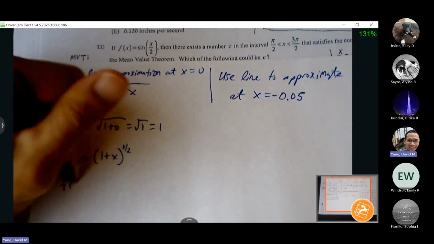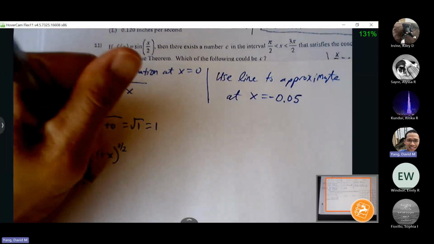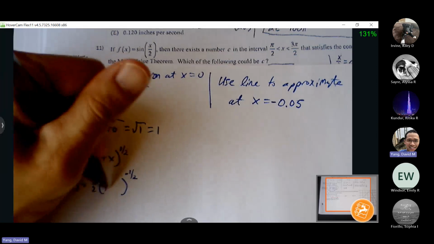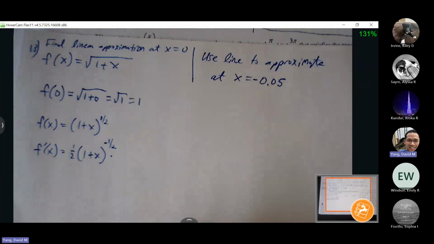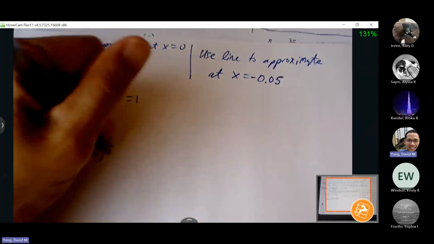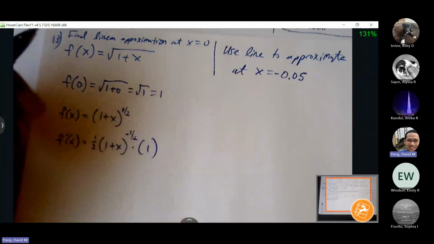So outside derivative, f prime, take care of that 1/2. So 1/2 parentheses to the negative 1/2. Keep the inside intact. Then in a different space, we'll multiply by the inside function's derivative. So 1 plus x becomes 1. So there's our derivative.